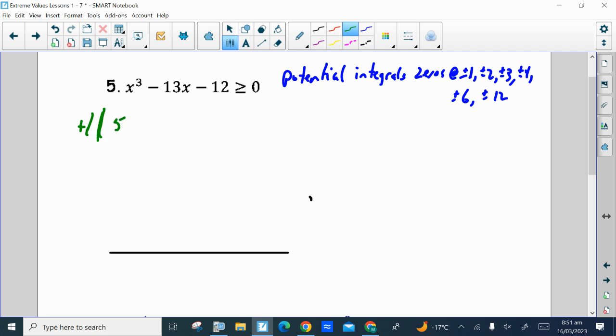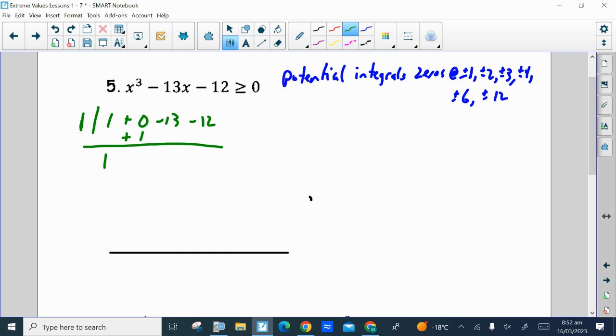And in this case, you're dividing it into 1x cubed, but there's no x squared term, so remember we include that with a coefficient of 0, minus 13x minus 12. That first number is written down below, and then we multiply and add.